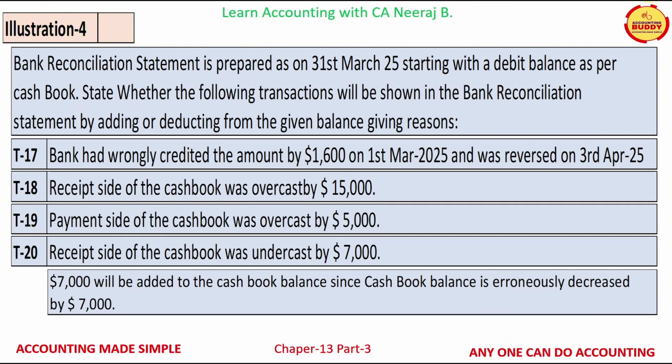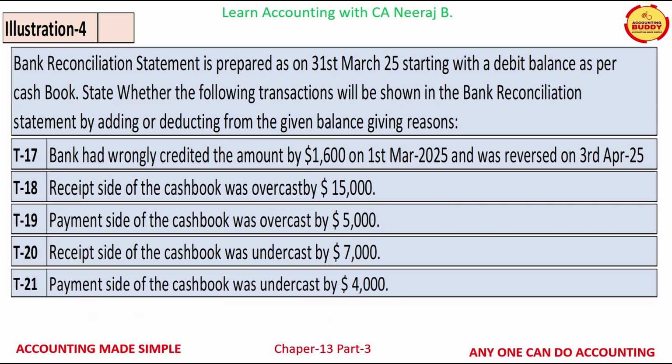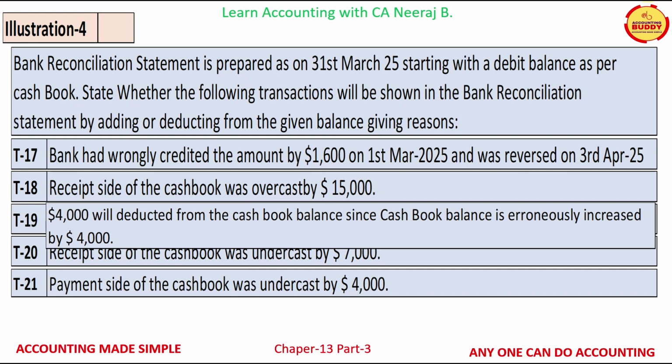T20 unmatched transaction is receipt side of the cash book was undercast by $7,000. If we analyze this transaction, $7,000 will be added to the cash book balance since the cash book balance is erroneously decreased by $7,000. T21 unmatched transaction is payment side of the cash book was undercast by $4,000. If we analyze this transaction, $4,000 will be deducted from the cash book balance since the cash book balance is erroneously increased by $4,000.